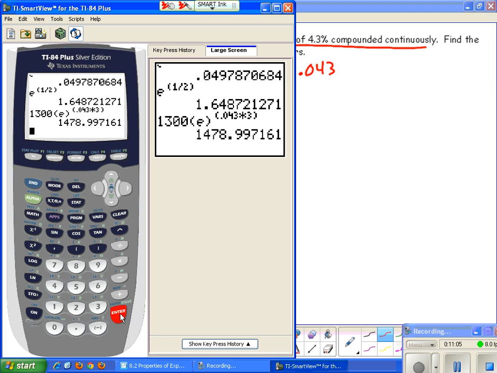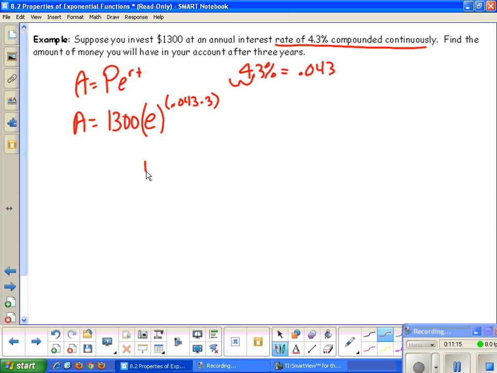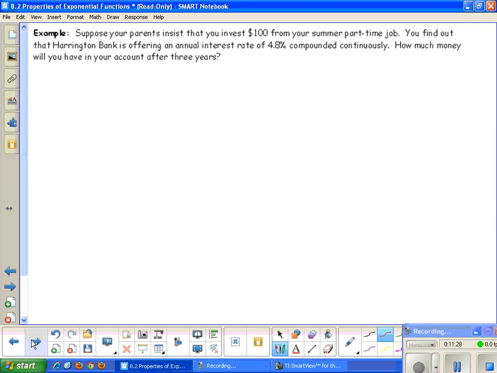And we end up with a value of, and since we're talking about money, I'm going to round to the nearest hundredth. So we have 0.997, so I'm going to round up to $1,479 after 3 years.